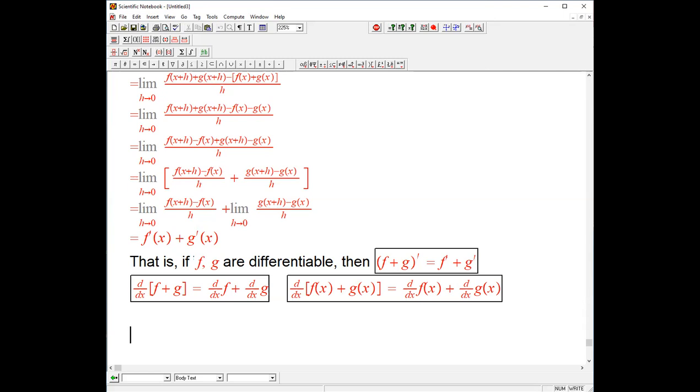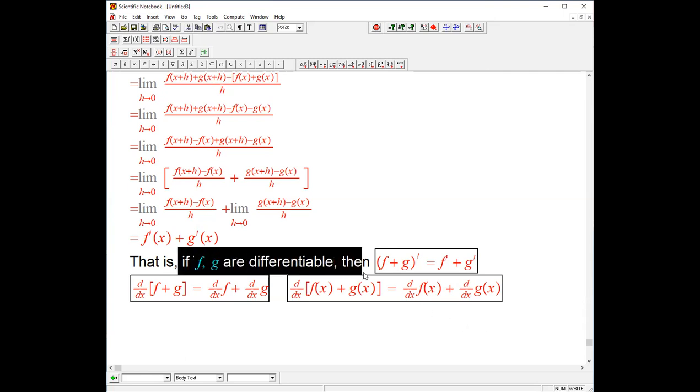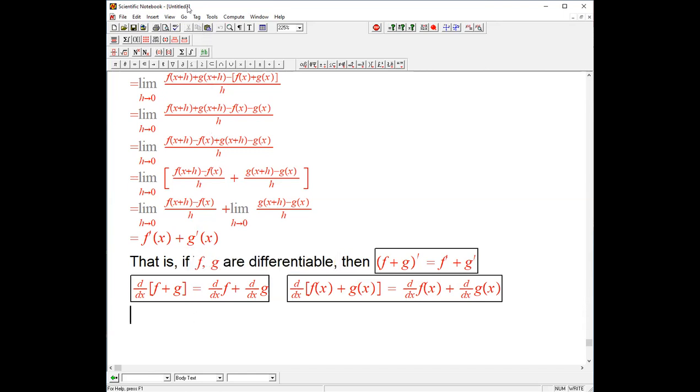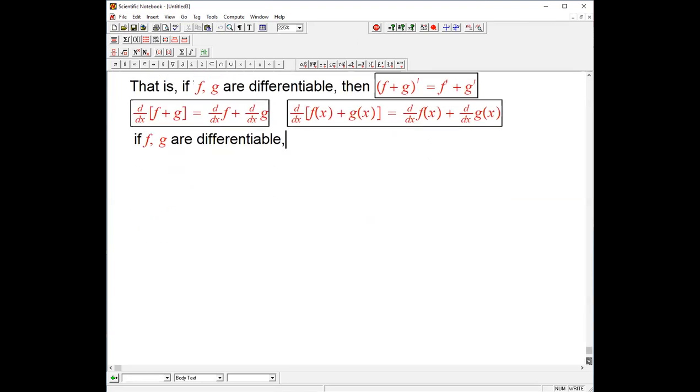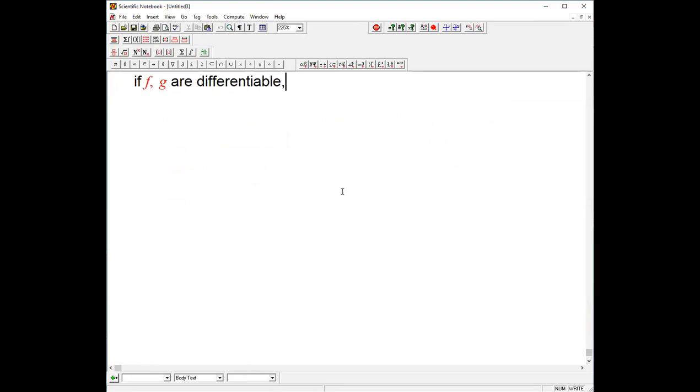The next one we want to prove is, if f and g are differentiable, the product rule. If both f and g are differentiable, how about the derivative of the product f times g? What would that be?